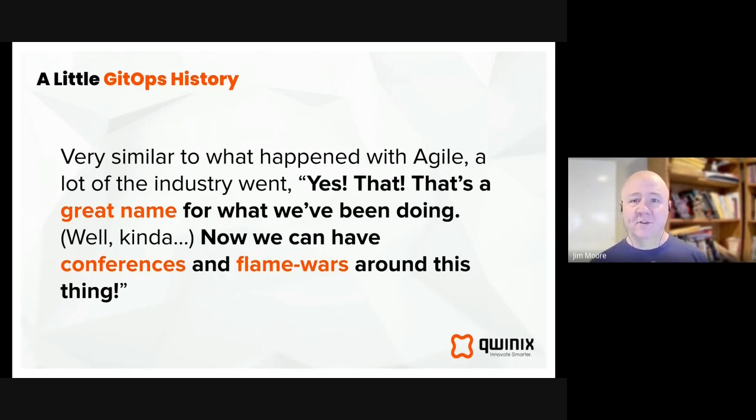Now we can start standardizing around it. Now we can start tooling around it. Now we can start arguing with each other around it and calling each other's names and heretics. But now that we have a name for it, we also have a common set of practices so that when you refer to GitOps, people have at least a vague understanding of what it is that you're talking about.